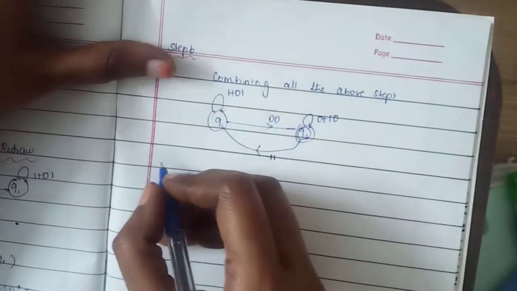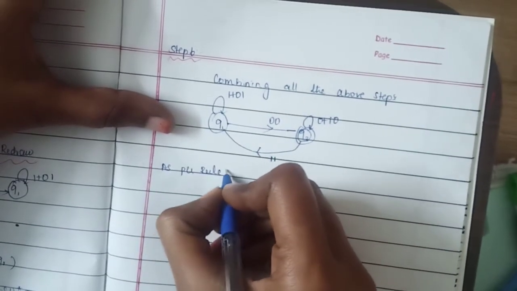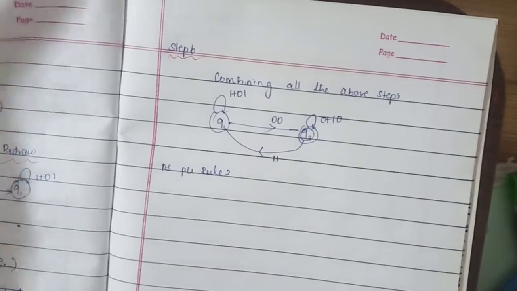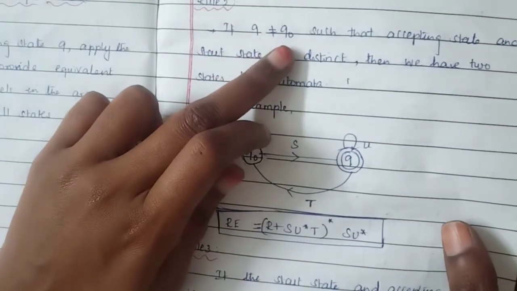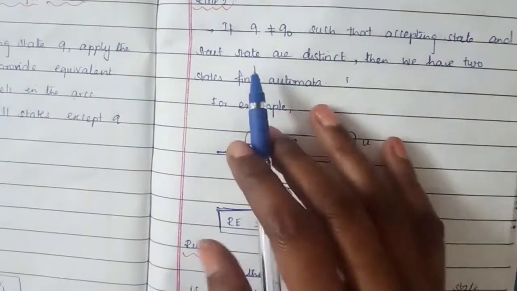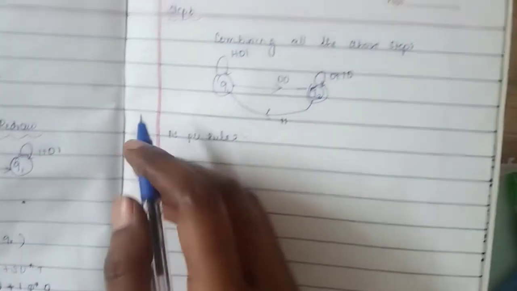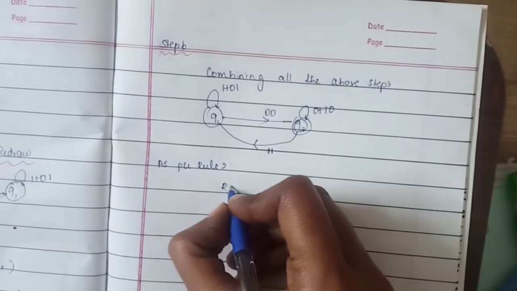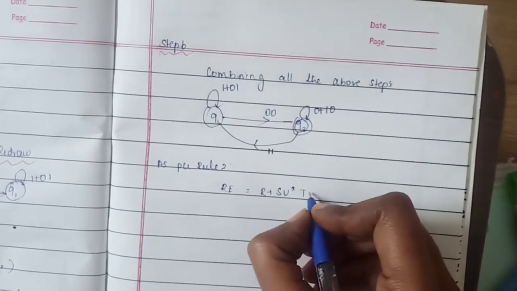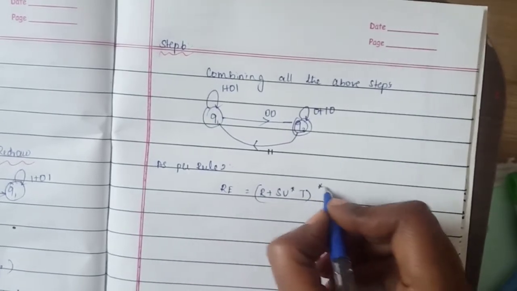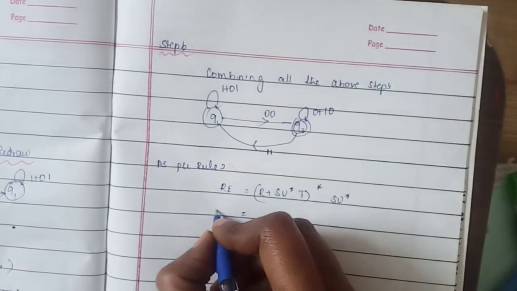Okay, so as per rule 2, what does rule 2 say in the state elimination technique? If the accepting state and start state are distinct, we have to use the formula. So my regular expression formula RE equal to R plus S U closure T, the whole closure, S U closure. So here we'll have the regular expression.